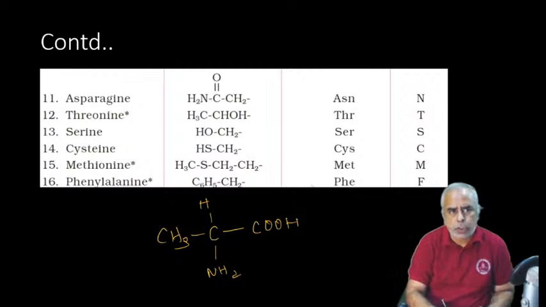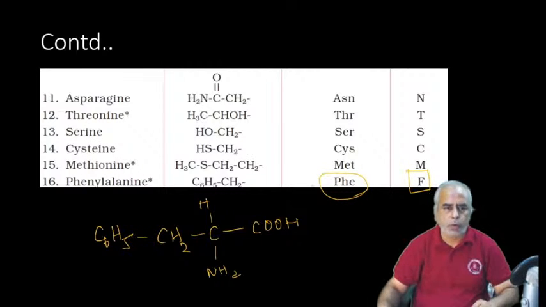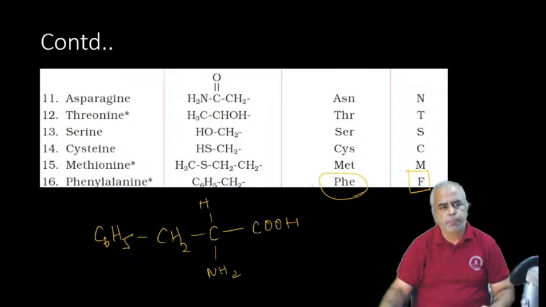So it means you have to substitute with phenyl group. So CH2, C6H5. I hope now you should be able to understand how to write down the structure. So phenylalanine, that is represented as Phe 3-letter, and F, that represents the single one-letter code for phenylalanine.